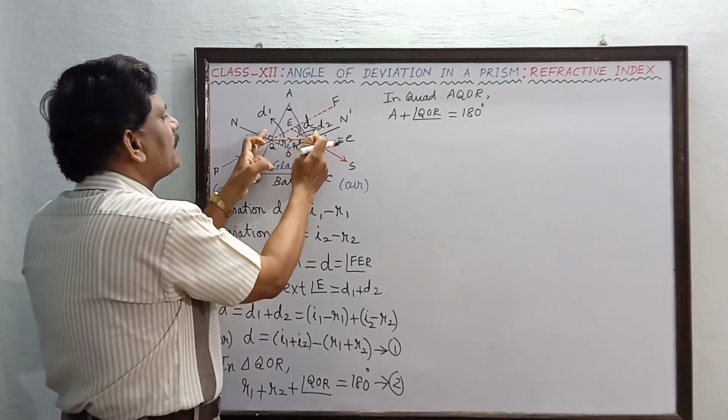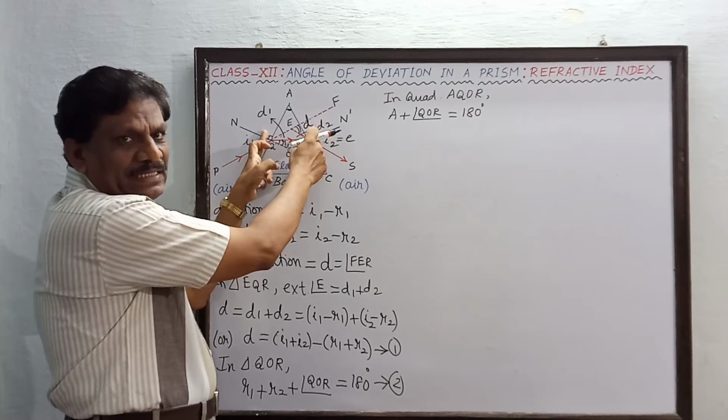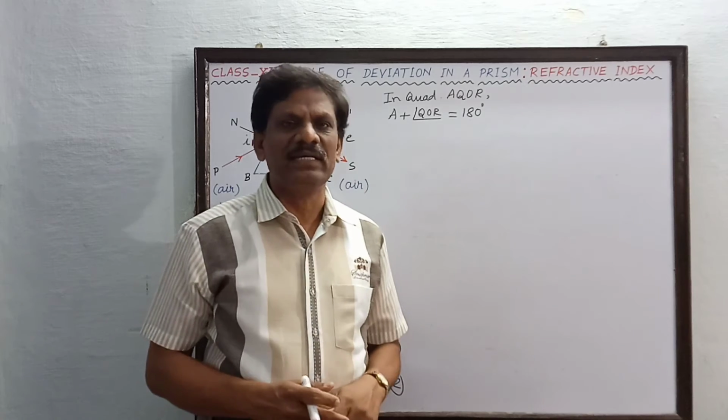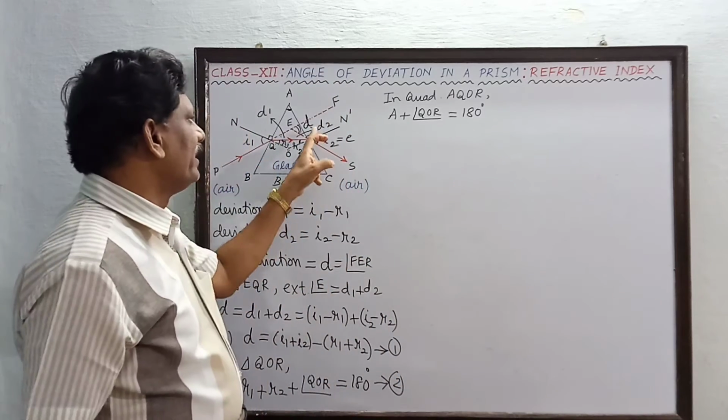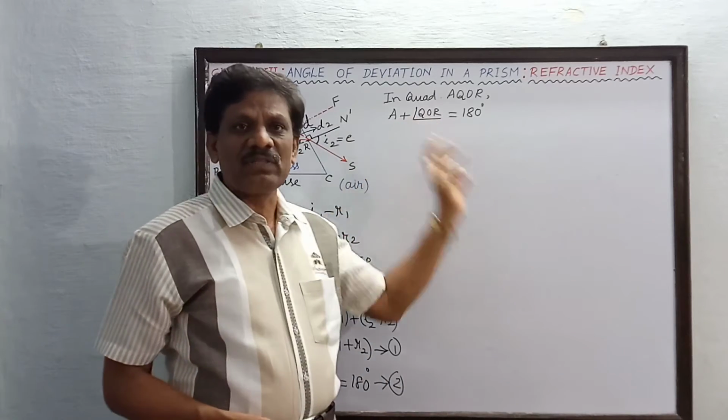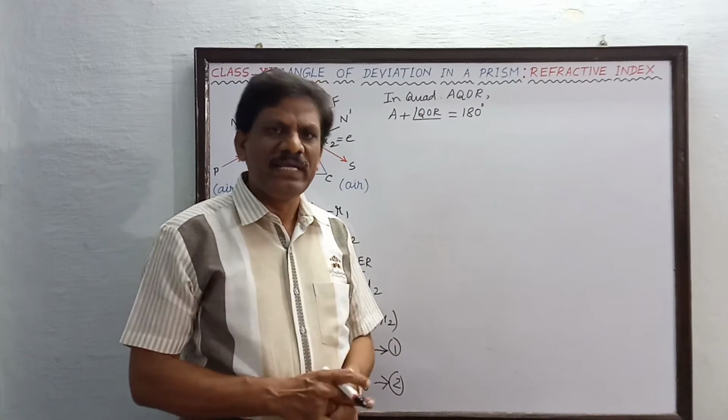Because the other two angles are already 90 and 90, that is 180. The total angle in a quadrilateral must be 360 degrees, is it not? So if two angles are already 90 plus 90, 180, the third and fourth angles must together be 180 degrees.